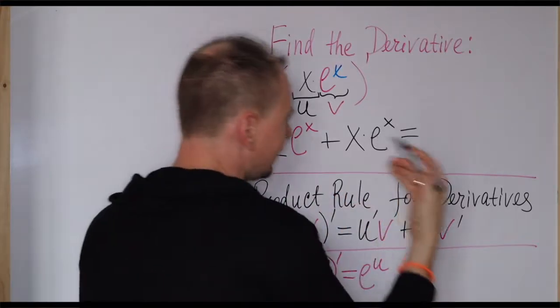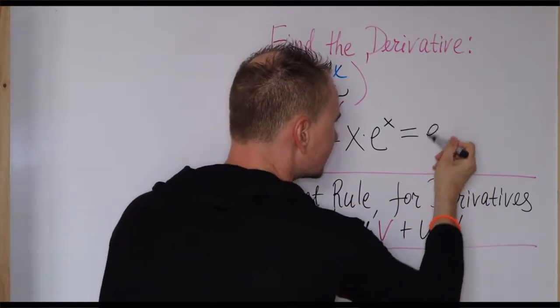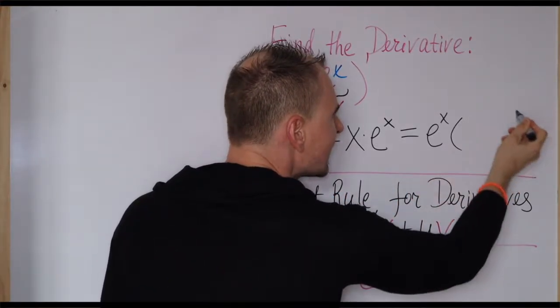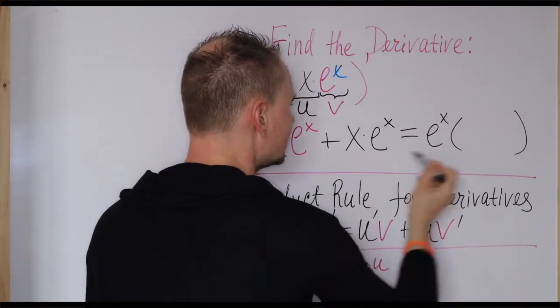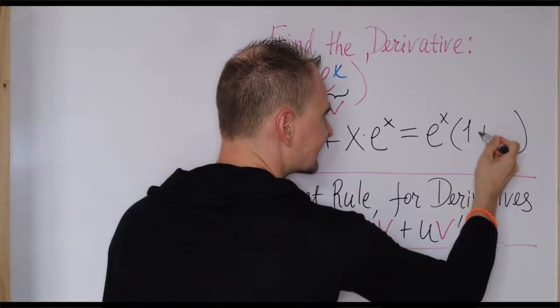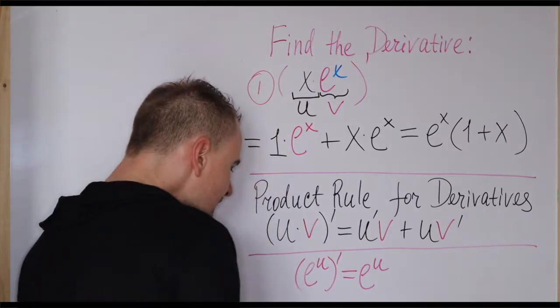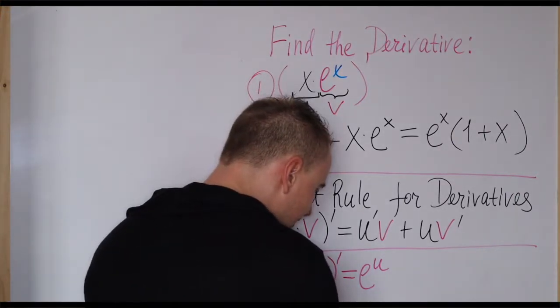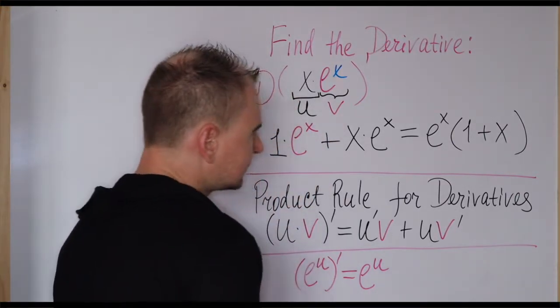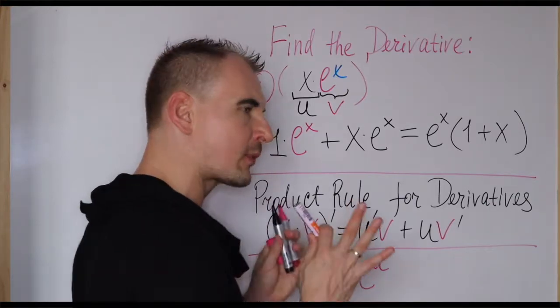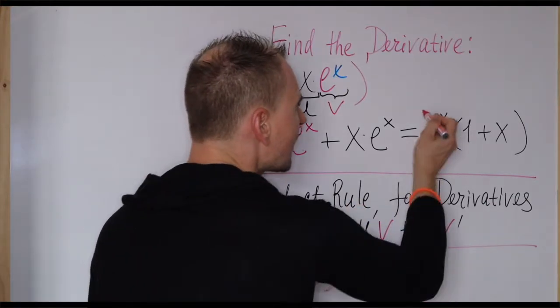If you want to, you could simply pull it out. What's left over is going to be just 1 plus x. Again, it's kind of extra, and it looks like a more proper and neat form.